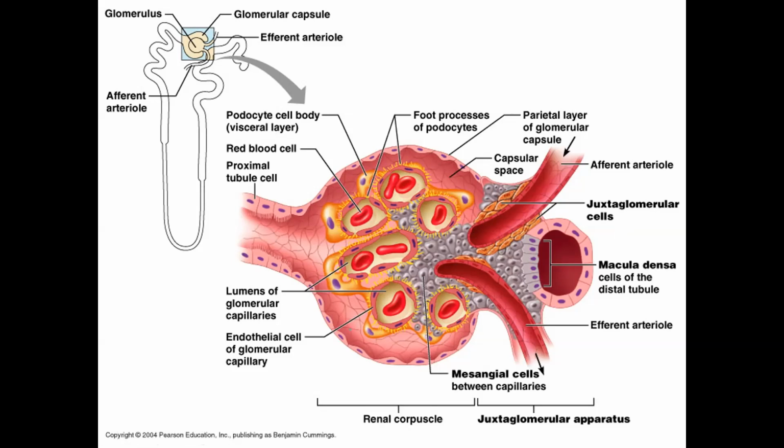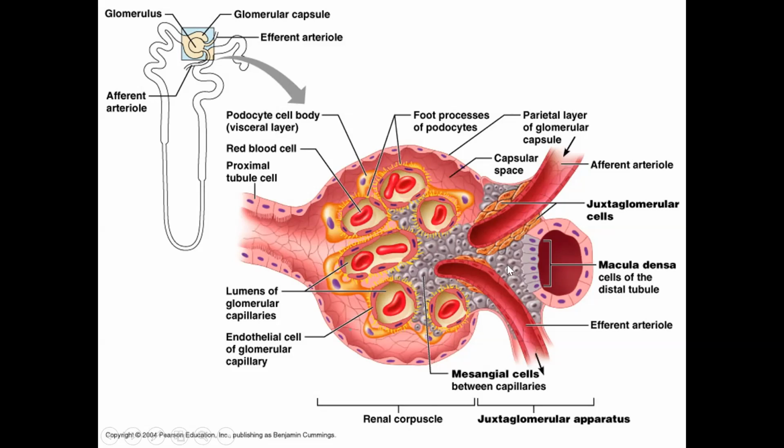The renin-angiotensin mechanism to regulate the blood pressure. Okay, so the hormone renin is released by these granular cells or juxtaglomerular cells. Okay, so granular cells, macula densa, and also there's another type of cells called mesangial cells.